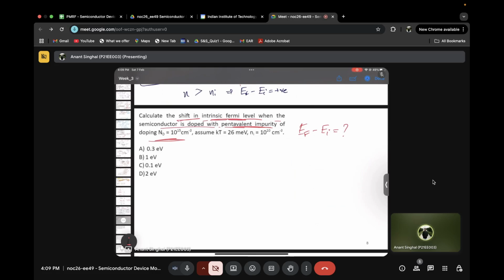Are you all able to understand that it is asking EF minus EI? Quickly calculate. This is a very easy problem then.